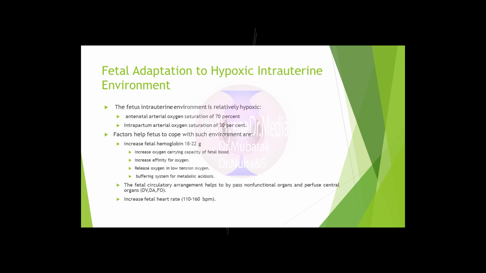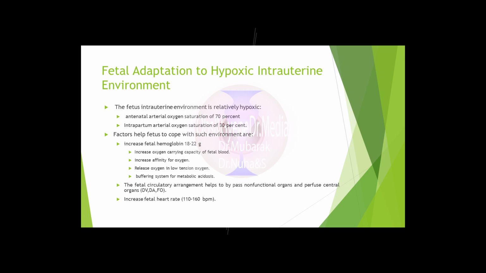The fetal circulatory system consists of ductus venosus and foramen ovale, both of which preferentially shunt oxygenated blood from the umbilical vein to the heart and the brain. In addition, ductus arteriosus diverts the blood from the pulmonary artery to the descending aorta, bypassing non-functional lungs.